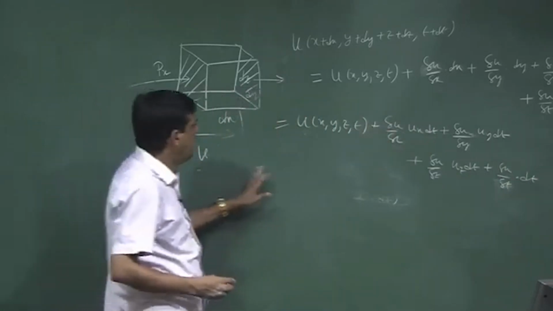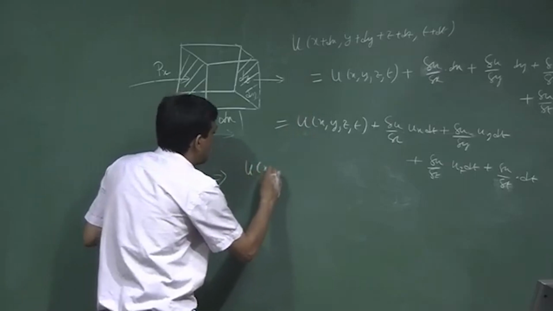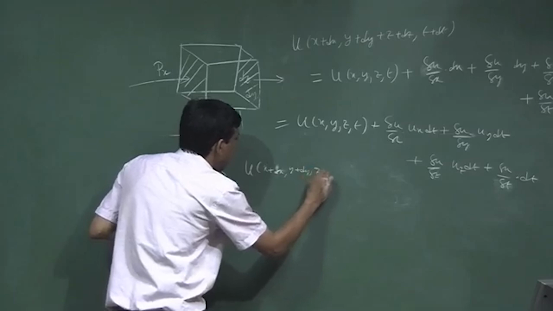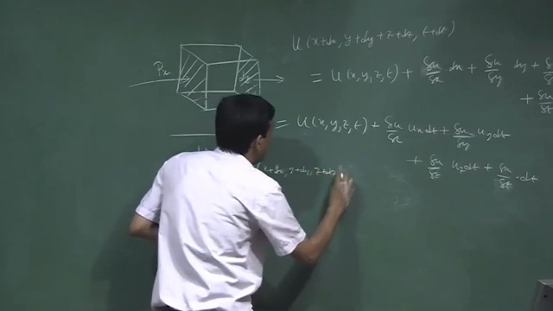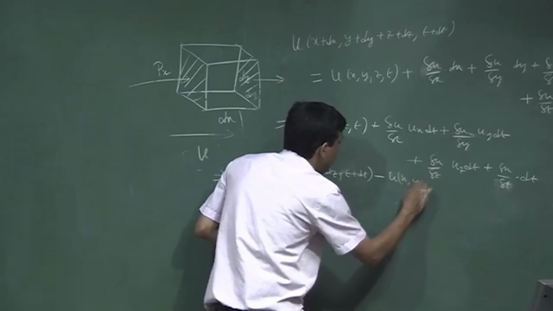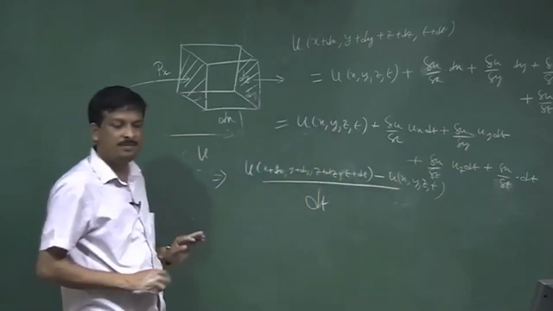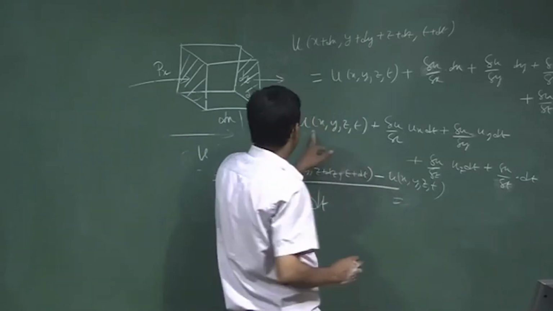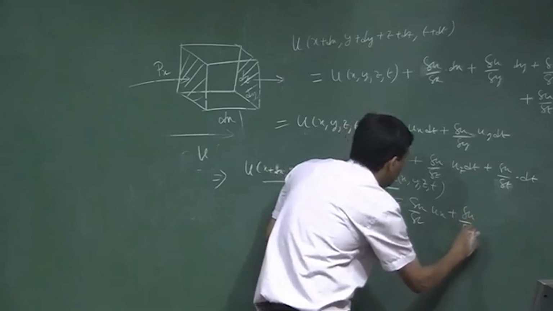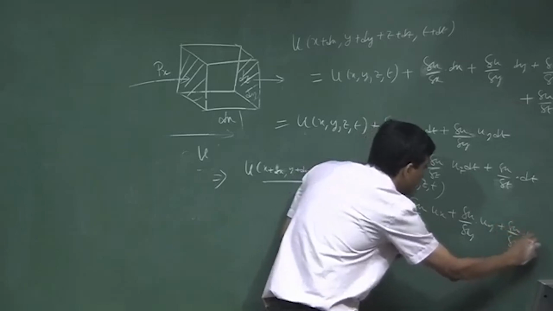Now I can write the same equation: u at x plus dx, y plus dy, z plus dz, t plus dt minus u at x, y, z, t, divided by dt, is equal to del u by del x ux plus del u by del y uy plus del u by del z uz.